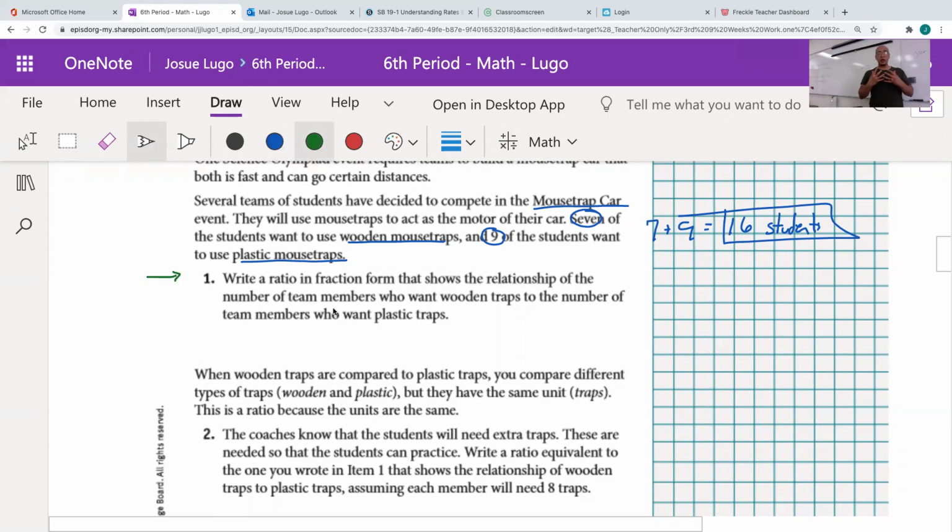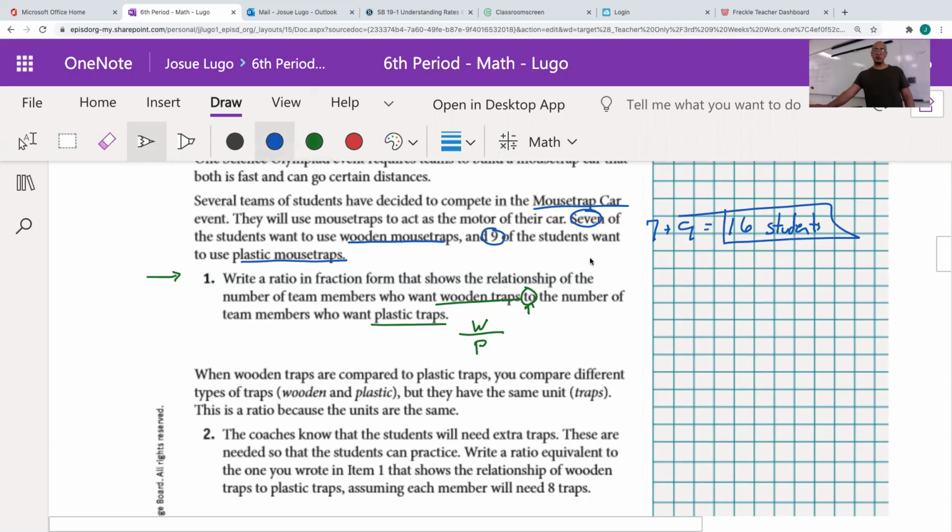It reads, write a ratio in fraction form. So we're going to write a fraction that shows the relationship of the number of team members who want wooden traps to team members who want to use plastic traps. So we have wooden to plastic in that order. In the numerator, I'm going to have wooden, so I'm going to put a W, and in the denominator, I'm going to have plastic.